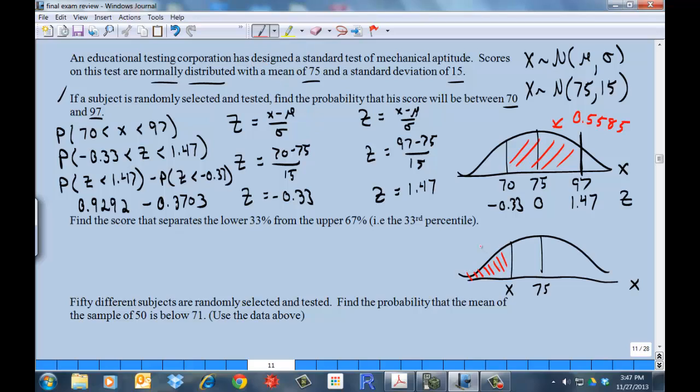So this bottom here is 33, which means that if a person scores X, then that person has scored better than 33% of all other test takers. And that person has scored less than 67% of all test takers.